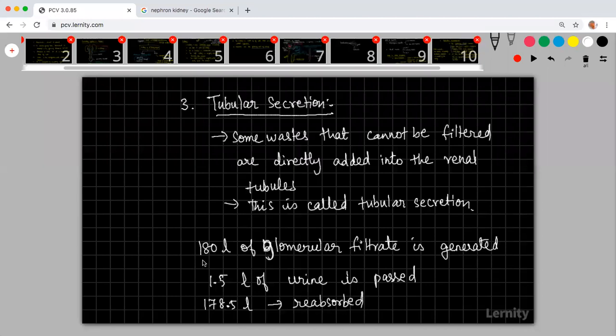In a single day, in an average human being, the total amount of glomerular filtrate formed is 180 liters, and 1.5 liters of urine is what we pass every day. Approximately 178.5 liters of glomerular filtrate is reabsorbed.